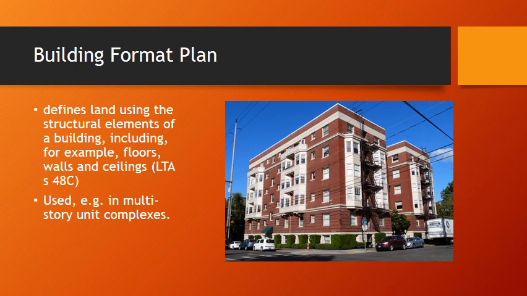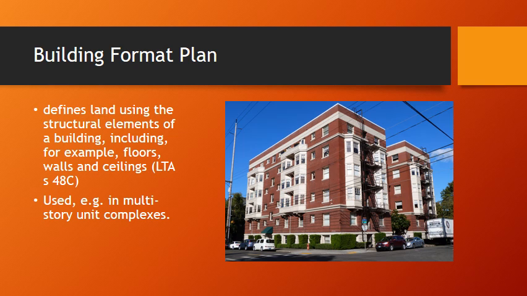The second type of plan you could use is a building format plan. Now that will identify not only the physical boundaries of the structure itself, but also these individual lots, because remember, this used to be one lot. It is now, what did we say, about 20 lots, right? So someone can own this apartment, someone can own this apartment, someone can own this one, someone can own this one.